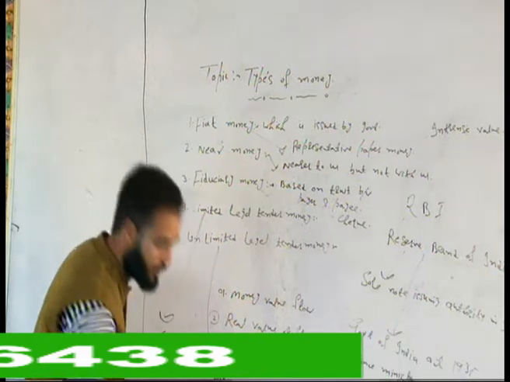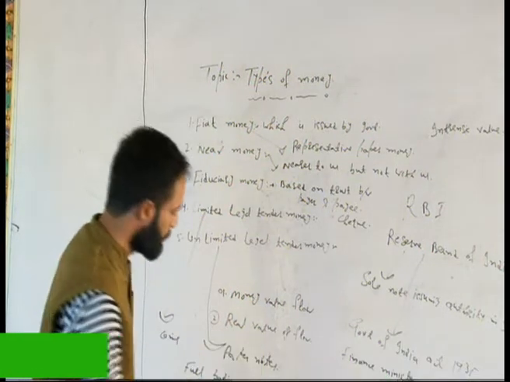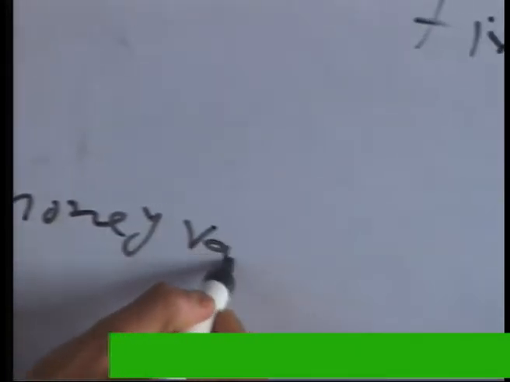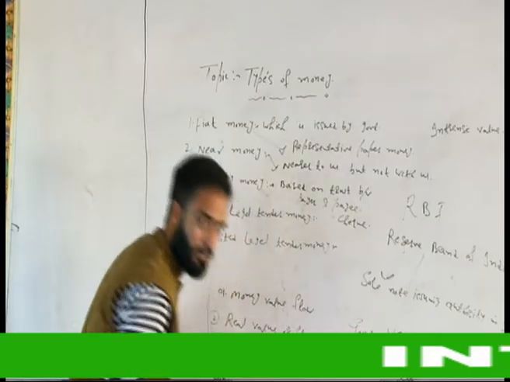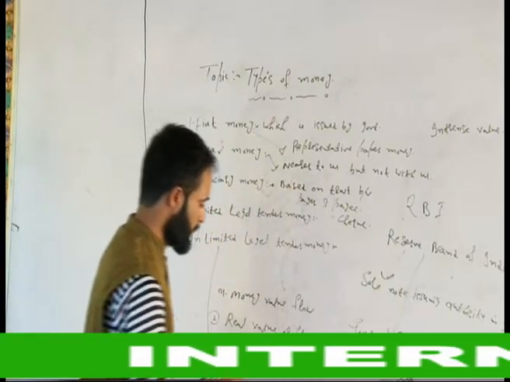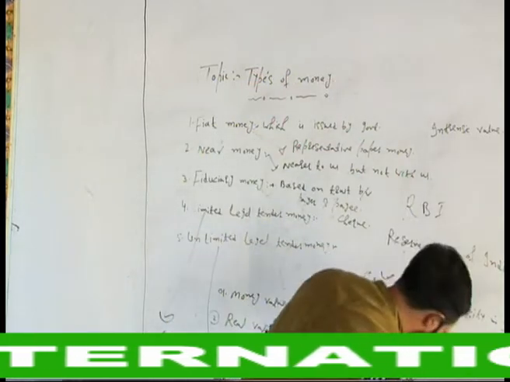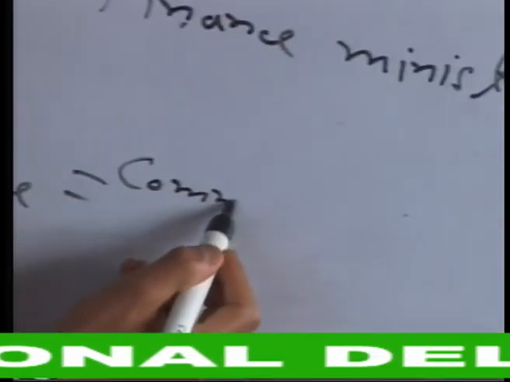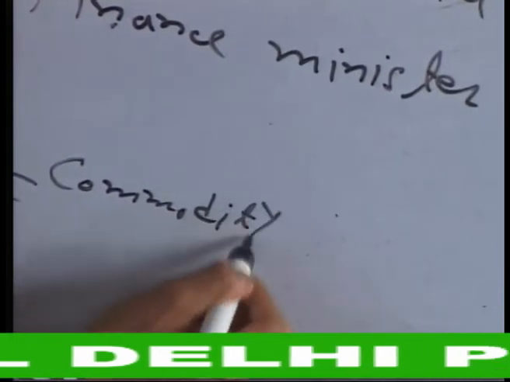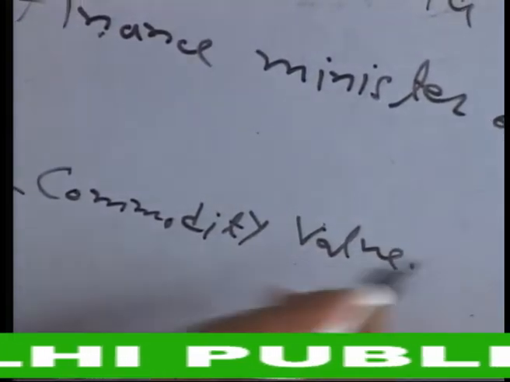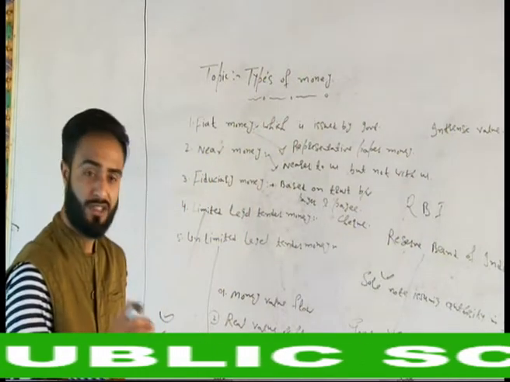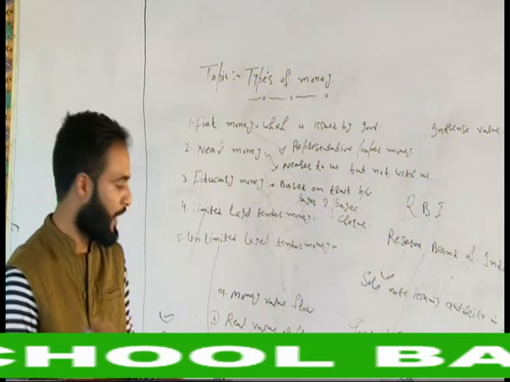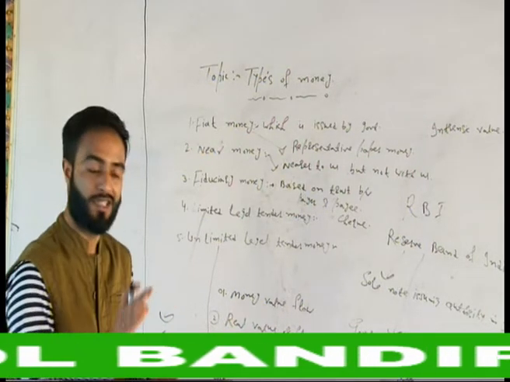What does full bodied money mean? Full bodied means in which money value, or face value, is equal to its commodity value. What does that mean? Whatever thing the money is made from, that thing has as much value as what the money represents.